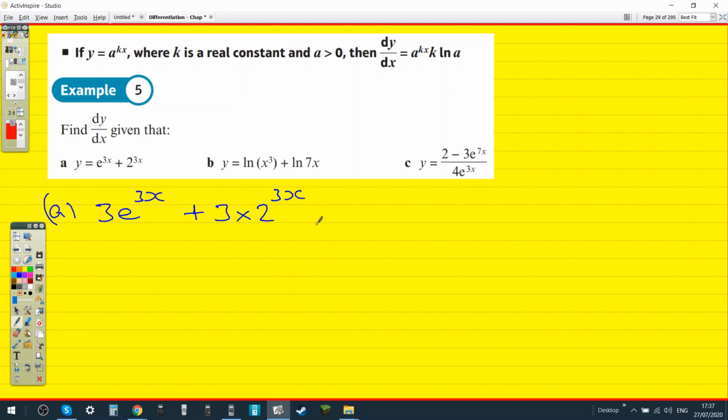Yeah, and because of Bidmas, you can't. Wait, you have to times ln 2 as well, I think, for the second part, the 2 to the 3x. You're right. Ln 2. Yep. Yeah, that's it.